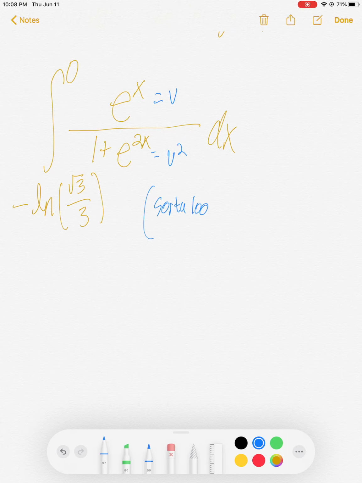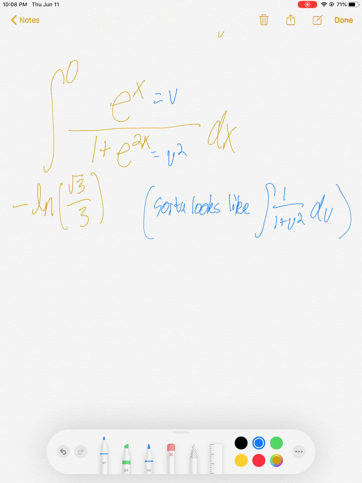Well, if I imagine that I'll just call it v, because I don't want to make this an official u substitution quite yet. If I let e to the x be v, then e to the 2x is going to be v squared, right? e to the 2x is just e to the x squared. So if you squint your eyes enough, it sort of looks like I might get something like 1 over 1 plus v squared.